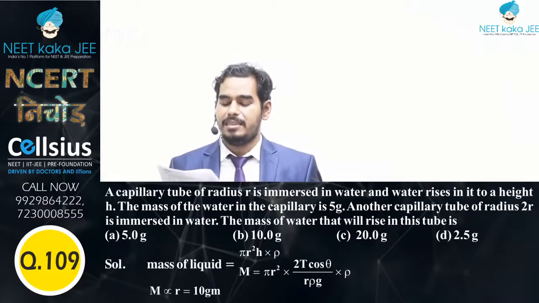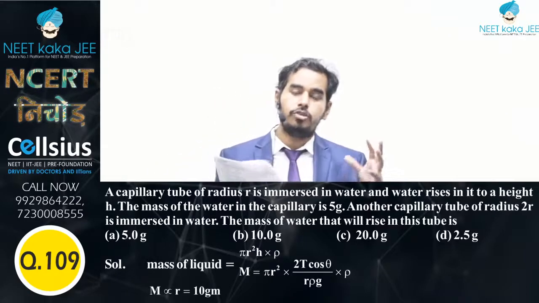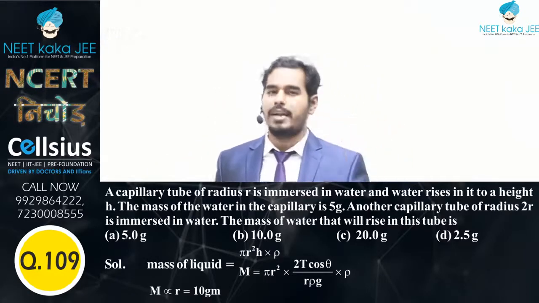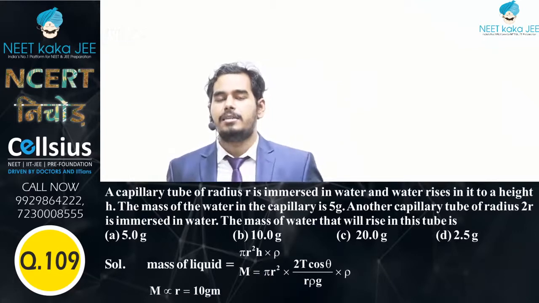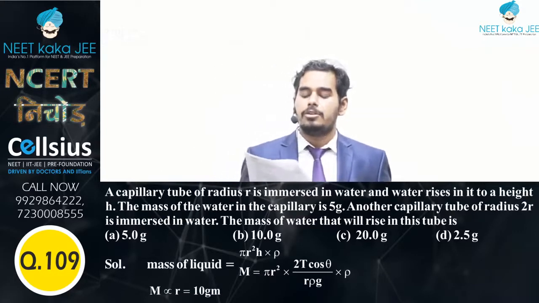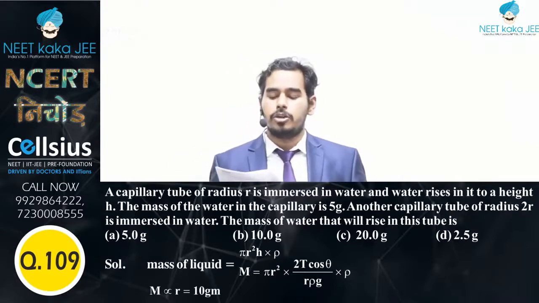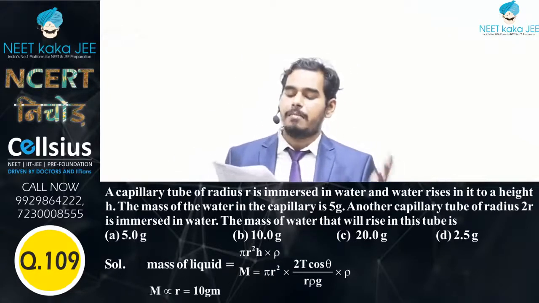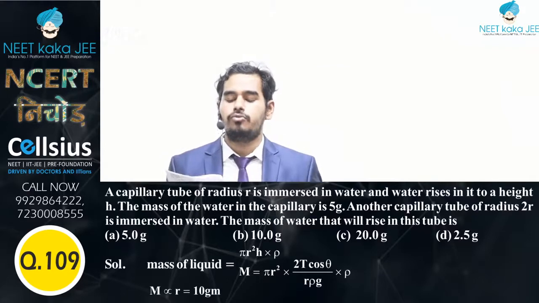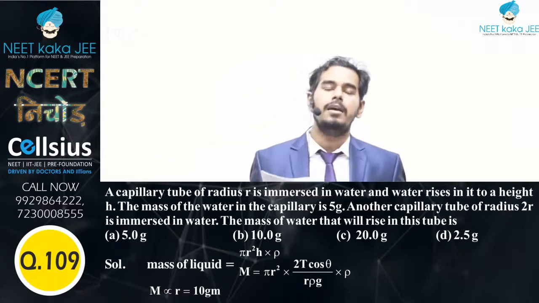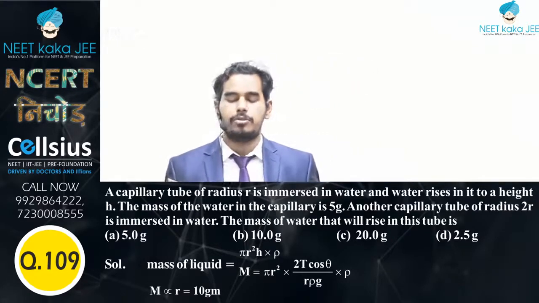So over here you can see that mass becomes directly proportional to r, because there is one r square in the numerator and one r in the denominator, they both get cancelled. So m is proportional to r, and because r has become 2r, mass will become 2 times, so it is going to become 10 grams. So your answer is B.